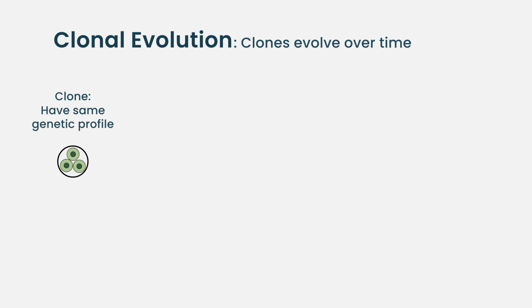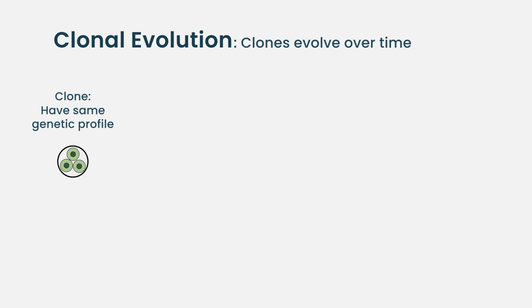If there's a million cells of a clone, they all have the same genetic materials. They have the same genetic mutations that cause a person to have MDS or any type of cancer. So clonal evolution means there can be a change in the genetic profiles that make up that clone.